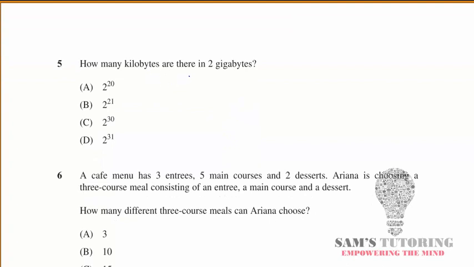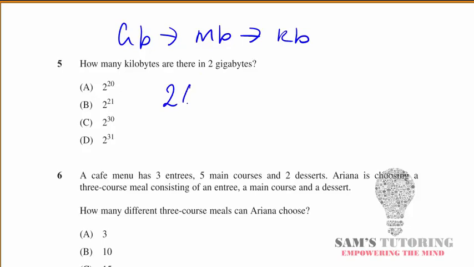How many kilobytes are there in 2 gigabytes? Okay, so it will go from gigabytes to megabytes to kilobytes. So if you've already got 2 gigabytes, we want to first get into megabytes, which is 1024.